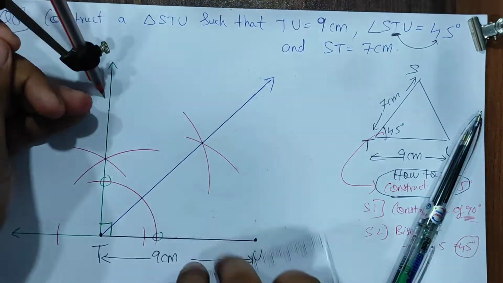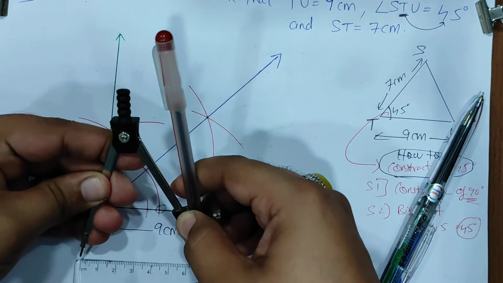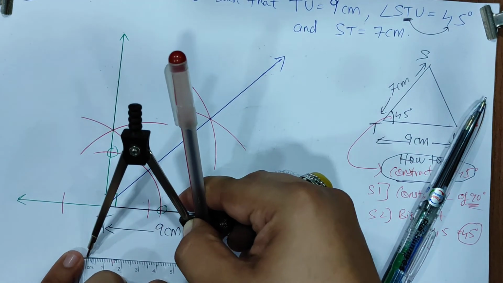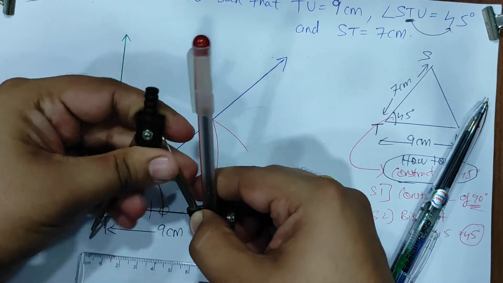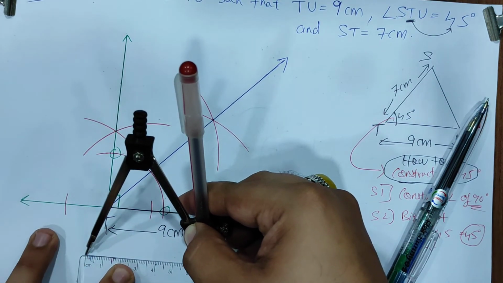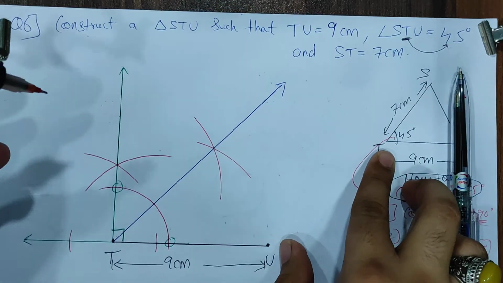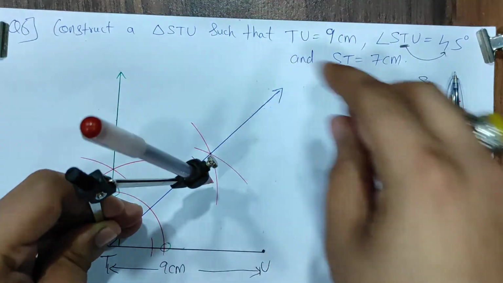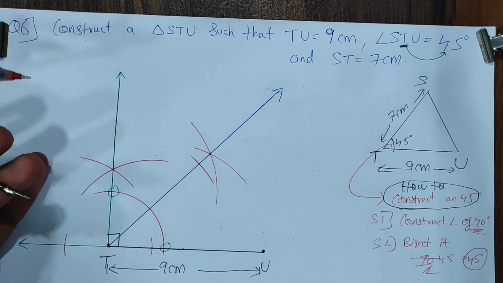Now in the compass, I will take 7 centimeter. Keeping at point T, I'll mark an arc over here. And students, please pay attention.